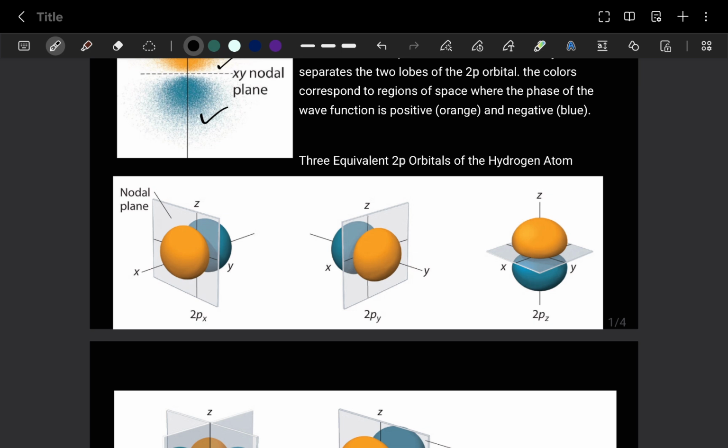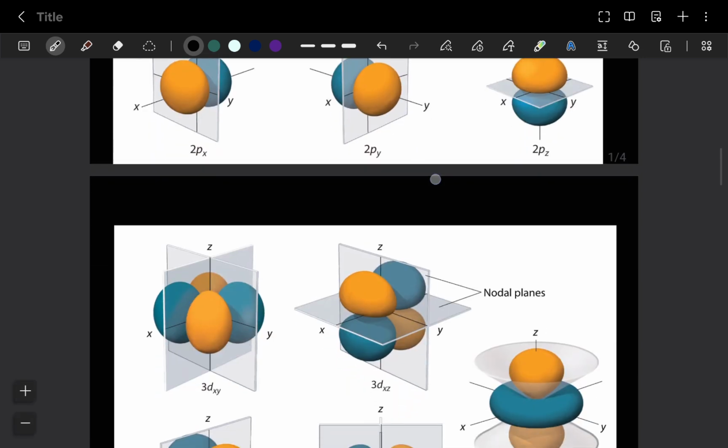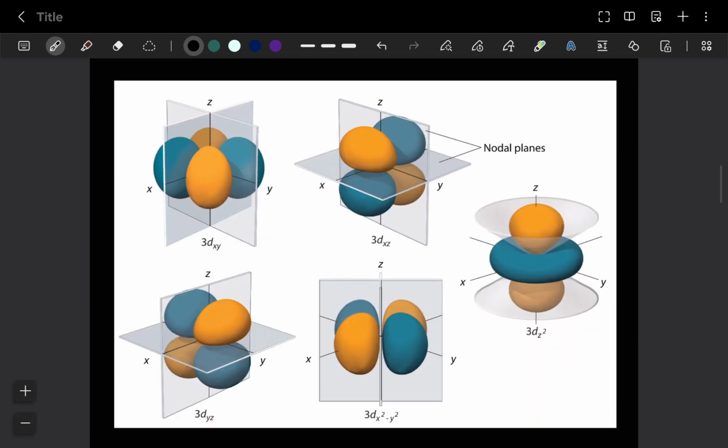Definitely we know that electrons are quantum particles. They show wave behavior. They will be found in different spaces called orbitals. You can see the 5d orbitals also here.